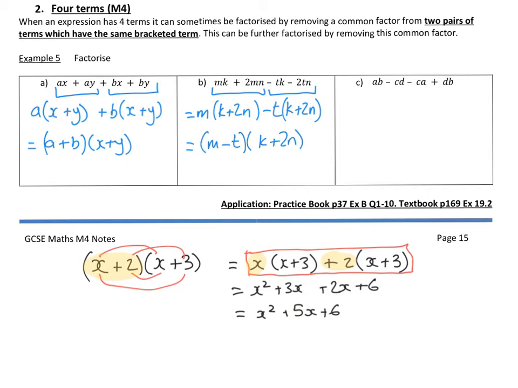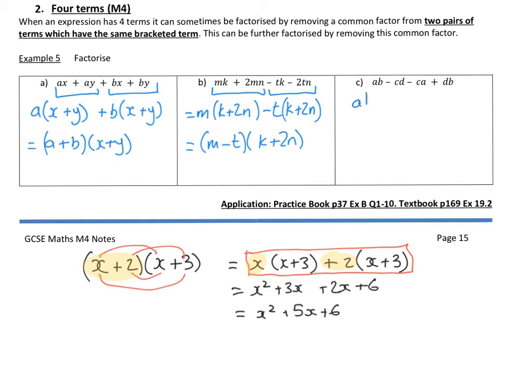And then in the third example, again, try and split these into their pairs. In the first pair, there's nothing common, and there's nothing common in the second pair. So that would make us think, well, that's not great, maybe we can't factorise this. But what we can actually do is rearrange this expression.